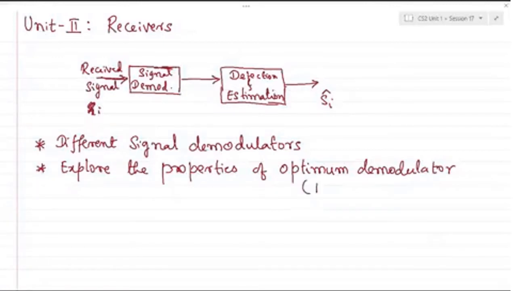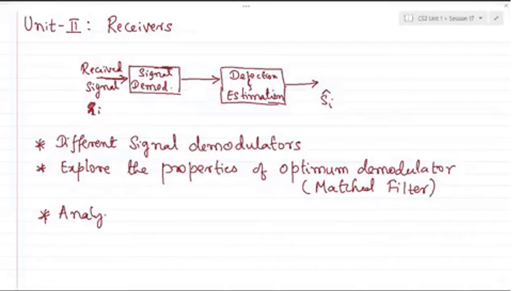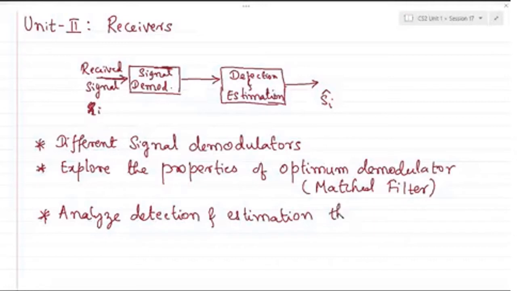This is known as the matched filter. After covering the matched filter concept and exploring its properties, we'll analyze the concepts involved in detection and estimation, the estimation theory in general.